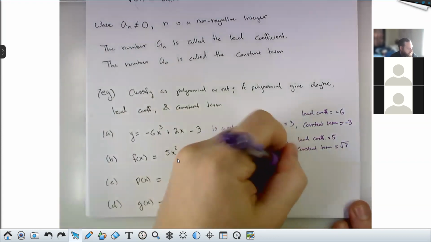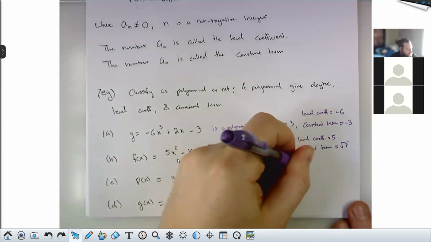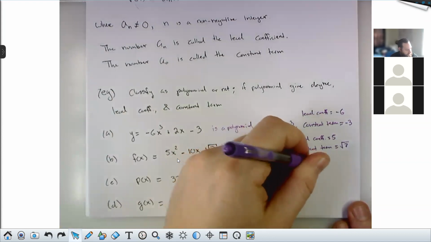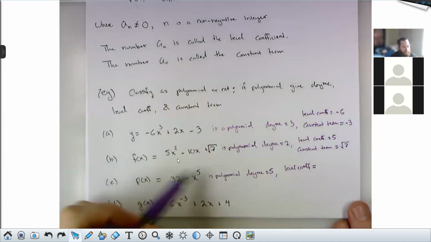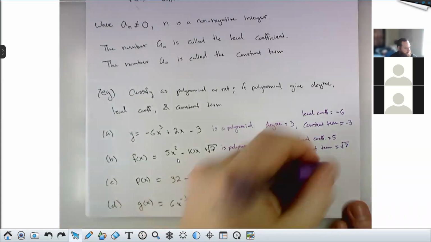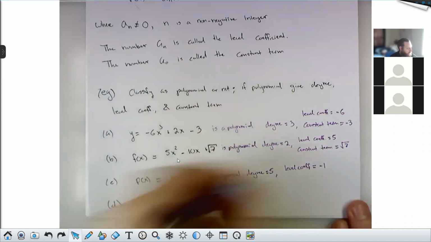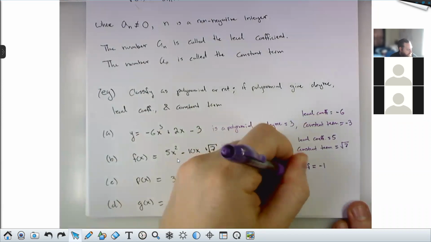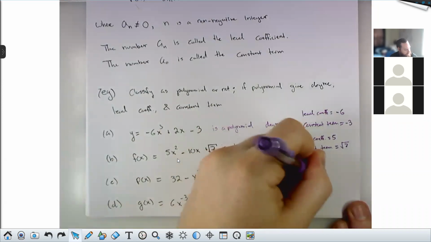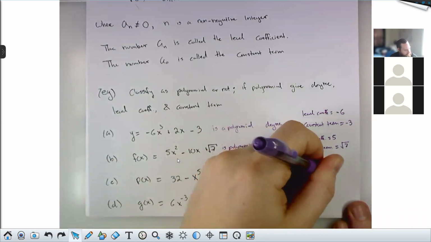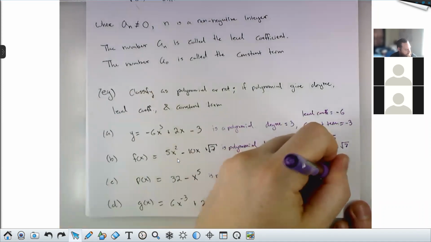The lead coefficient, the number attached to that largest power term, is -1, right? Negative x to the 5 or minus x to the 5 is the same as -1 times x to the 5. And then the constant term here, that's 32.